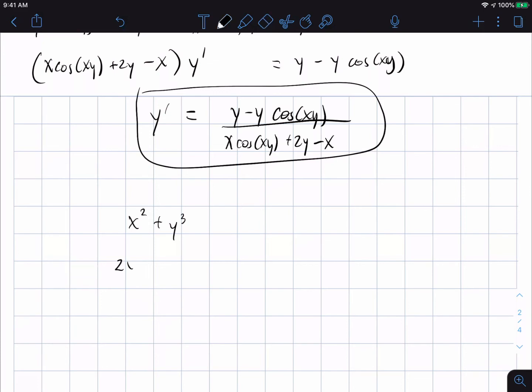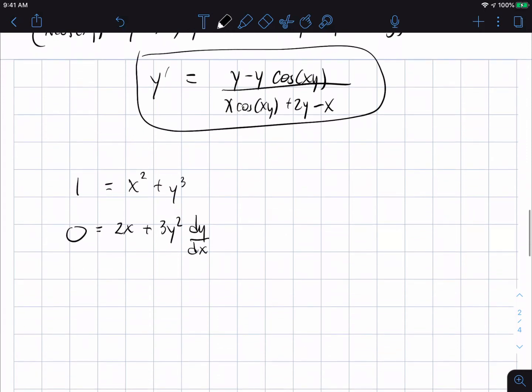So this would become 2x plus 3y squared dy dx, correct? Well, let me make it equal to something too, just so we can do it. So then that would become negative 2x divided by 3y squared is my dy dx, right? Yes. You follow that one?